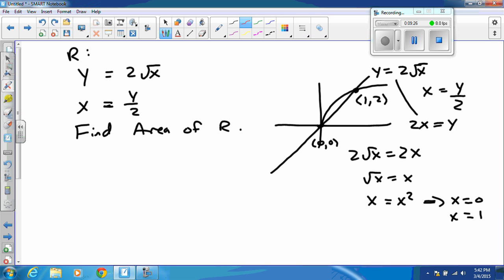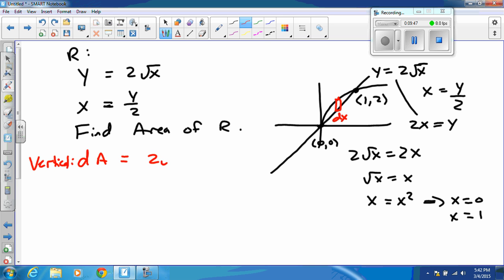Now, do I do horizontal or vertical? Well, it turns out I could do either one. If I do the vertical rectangles, which is what you're used to, then I'm going to label those rectangles with a width of dx, and the height of the rectangles will be top curve minus bottom curve.